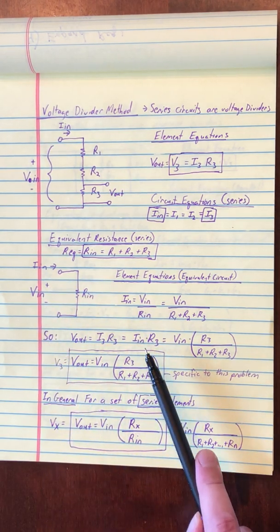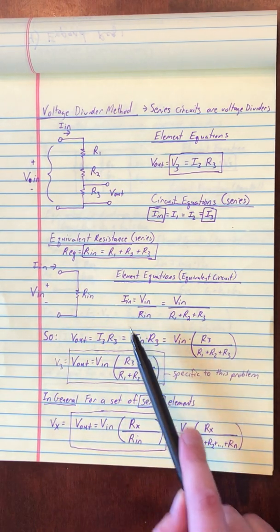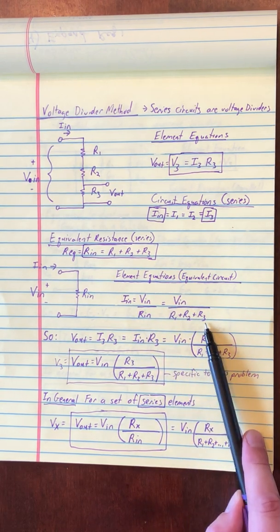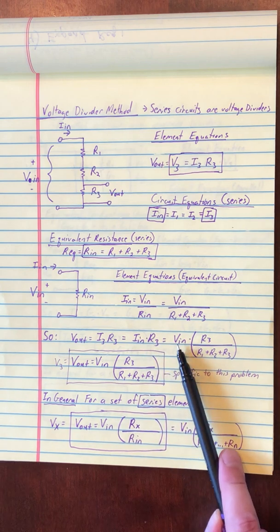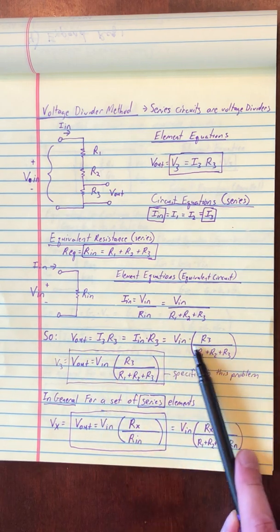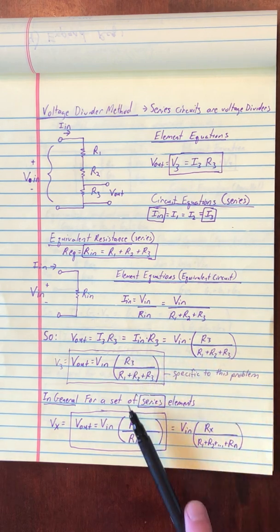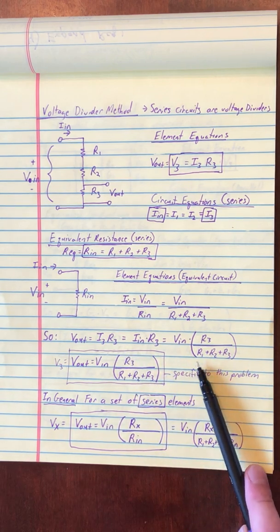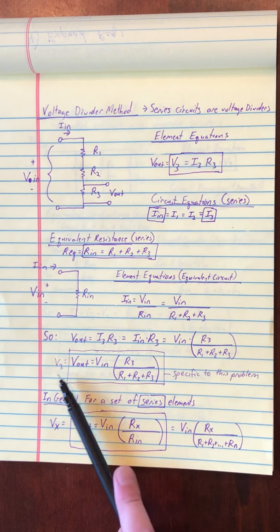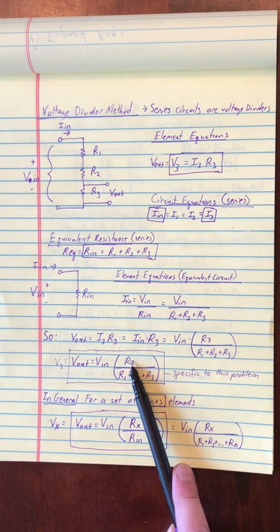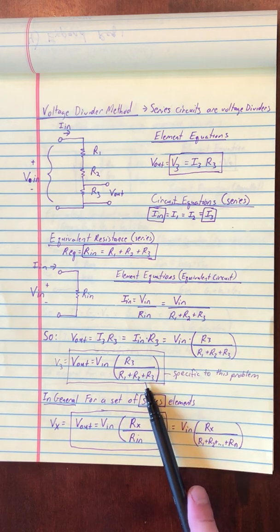We have IN right here: voltage in over R1 plus R2 plus R3. Substituting that, V out is VN times R3 over the equivalent resistance of that two-terminal series network, R1 plus R2 plus R3. So V out is VN times R3 over R1 plus R2 plus R3.